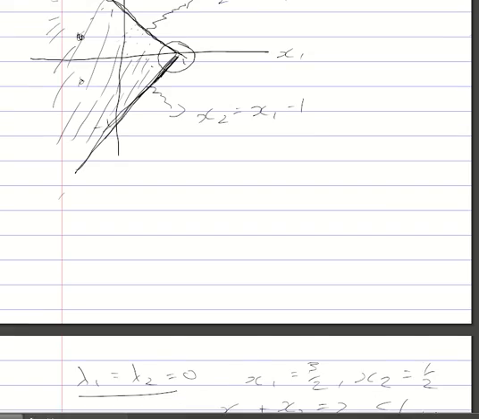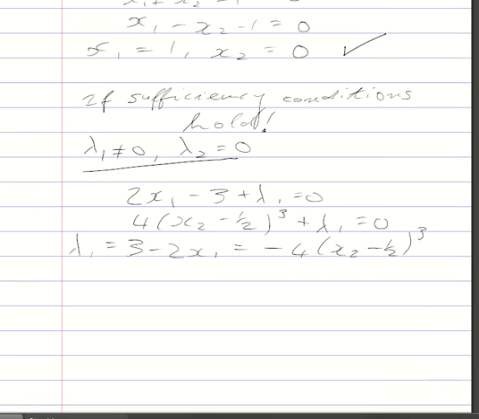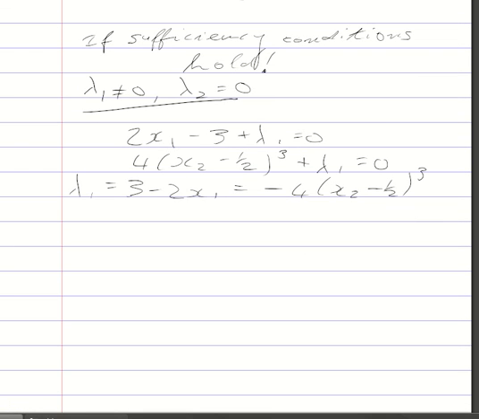So therefore, we have x1 is equal to 1 minus x2. Plugging this into x1 there, we get 3 minus 2 times 1 minus x2 is equal to 1 plus 2x2, and that is equal to this term up here.